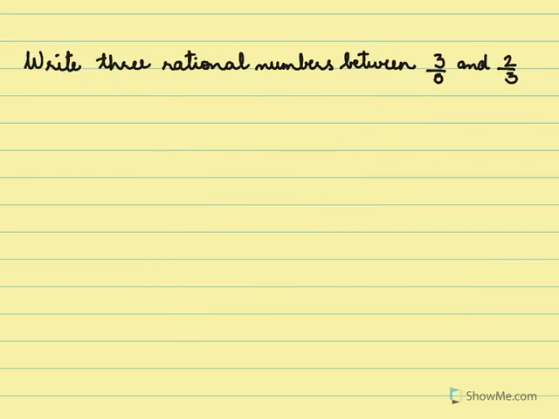Write 3 rational numbers between 3 by 5 and 2 by 3. So I have 3 by 5 and 2 by 3. In the first step I take the LCM of 5 and 3, which is 15.